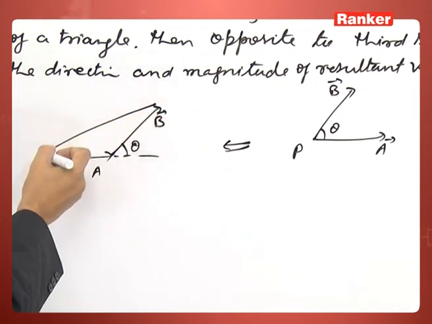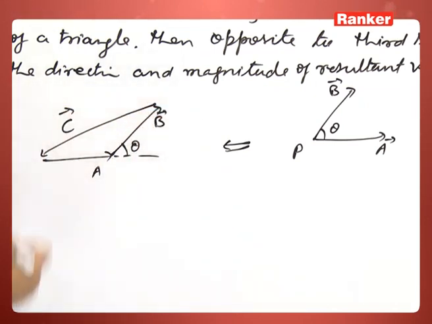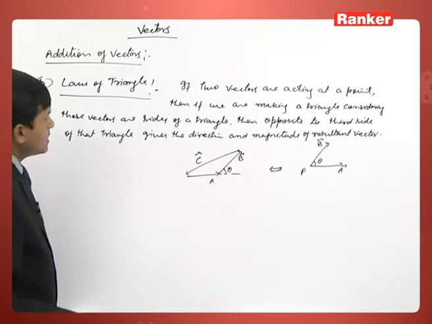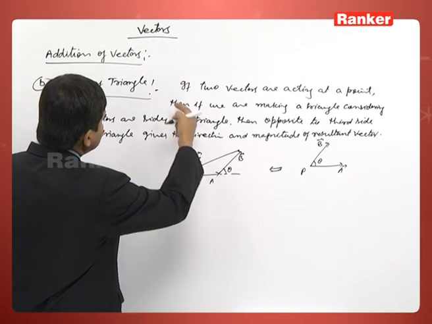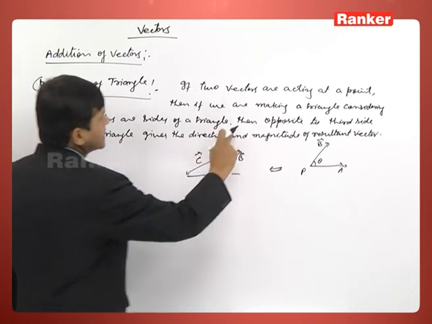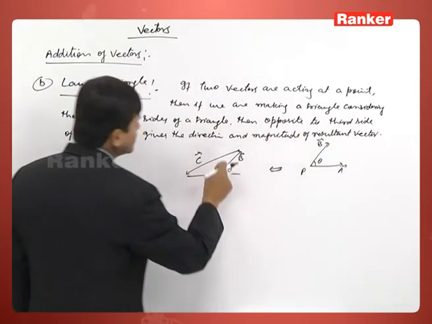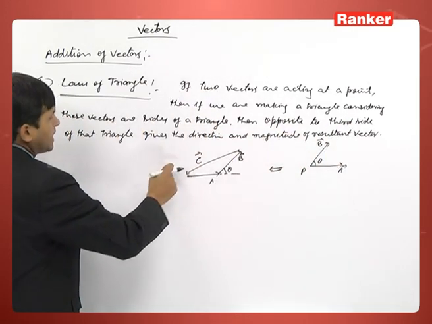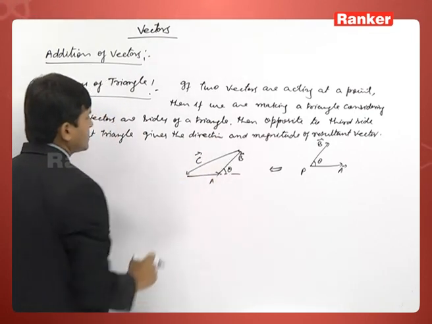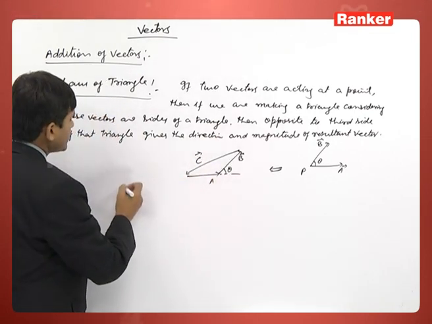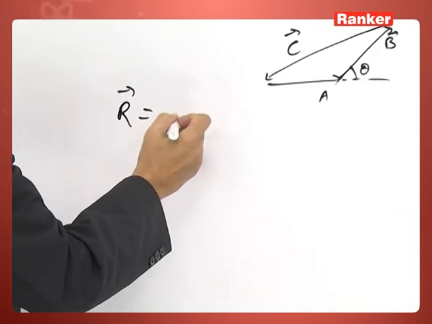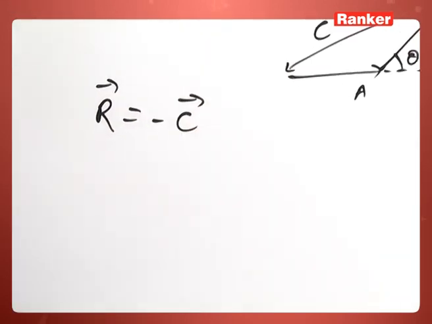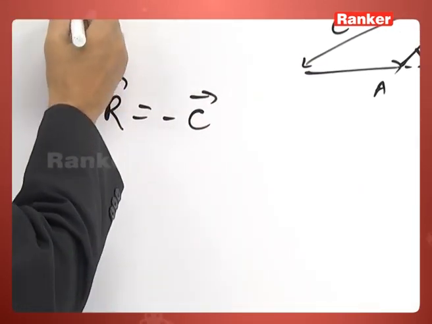So this will be a vector C. According to the law of triangle, the resultant, opposite to the third side, in that direction, vector R is minus of vector C, and R is what we want to calculate.